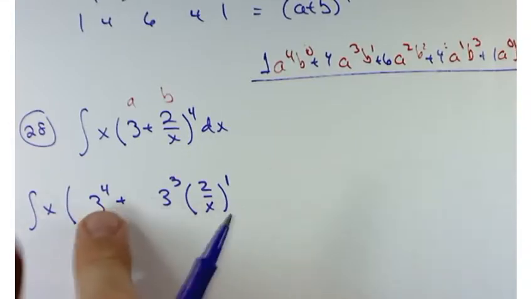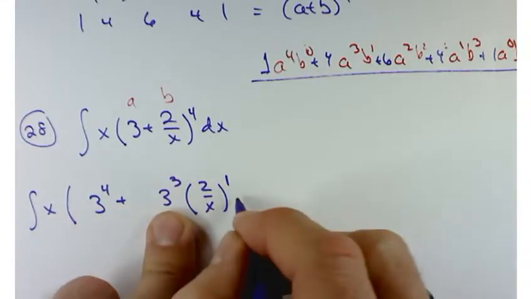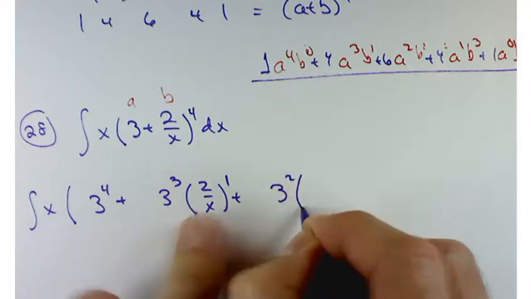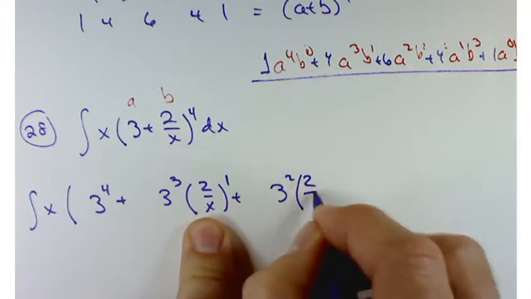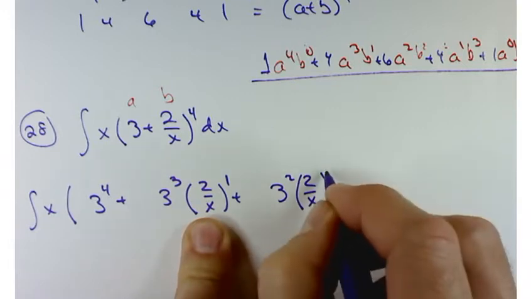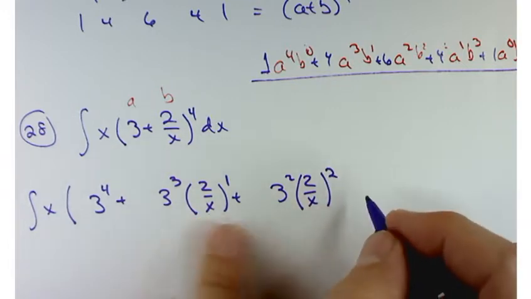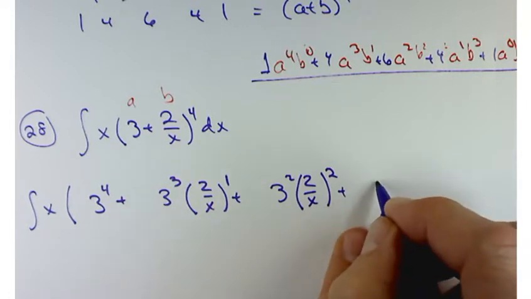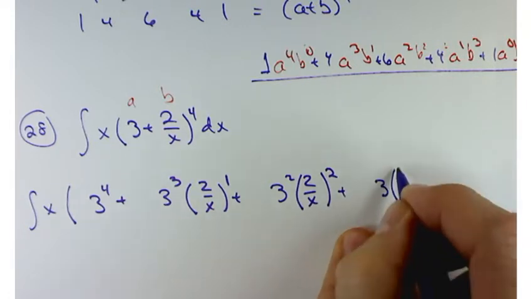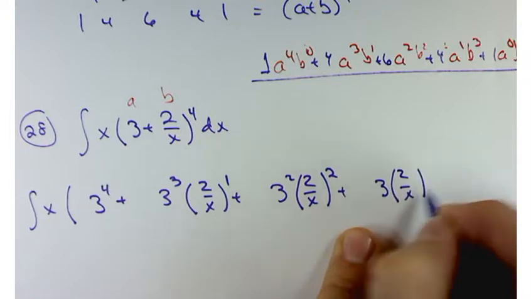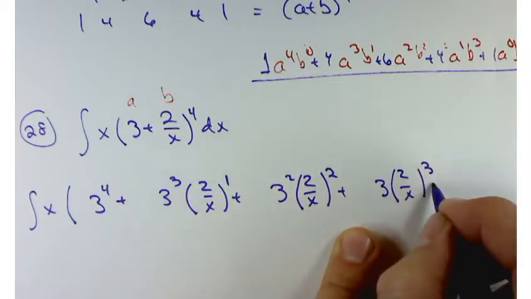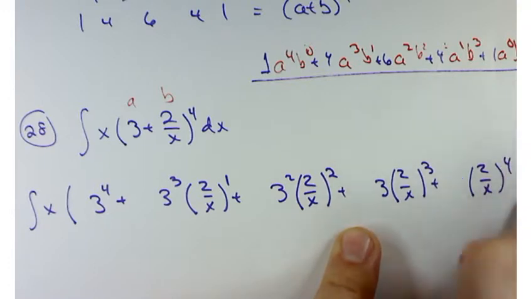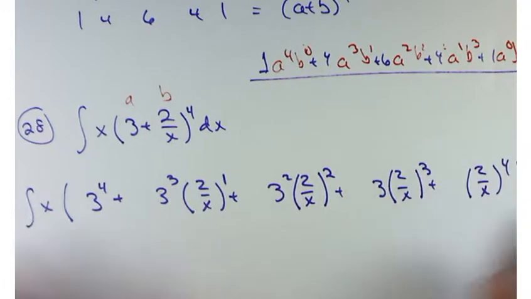But what's going to happen is that the power on the 3 is going to keep on decreasing, so 3 squared. The power on this term is going to increase, 2 over x squared. What's the next term going to be? 3 and 2 over x cubed, and finally 2 over x to the fourth power, all dx.